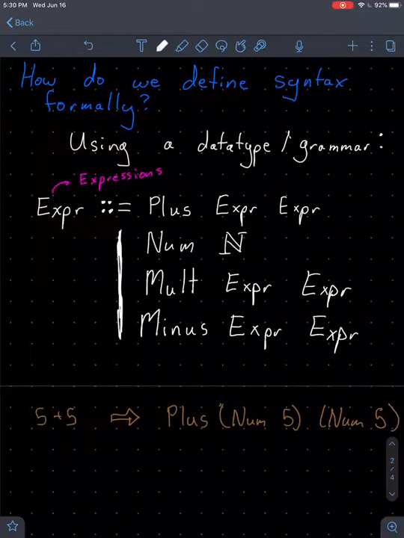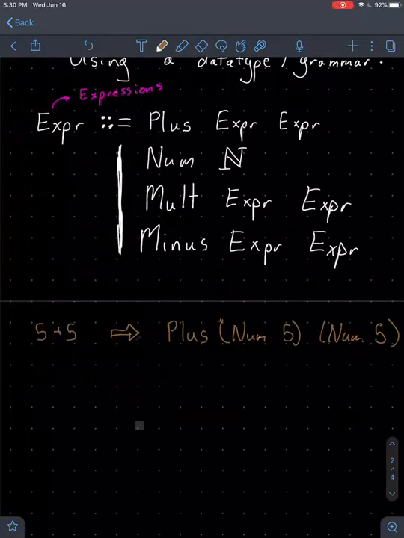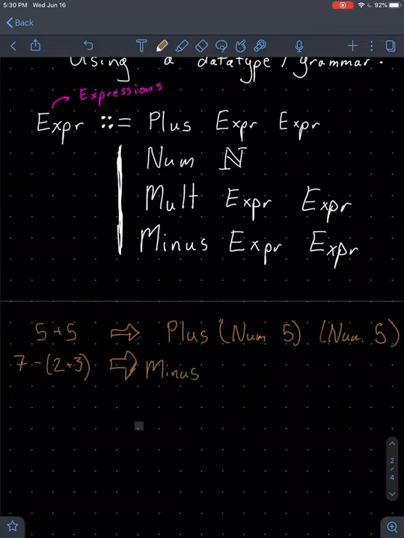Now I can write some pretty gnarly expressions. Let's say I want to write 7 minus 2 plus 3. What's the outer operation? It's minus. Minus will take a num 7 as the first part.